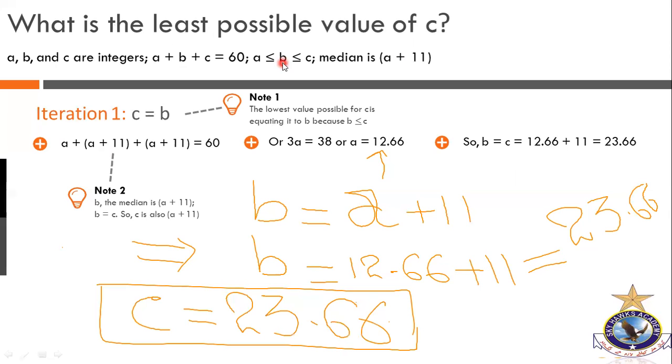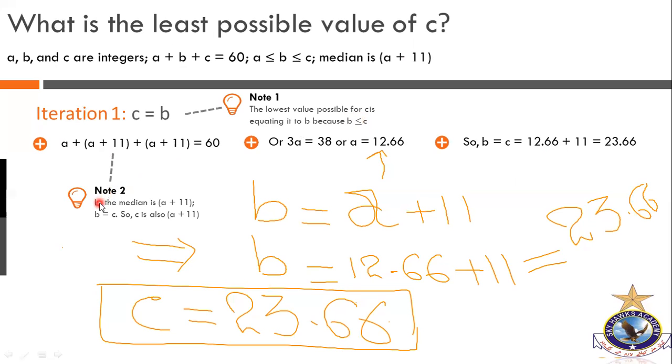So note one is very important. Once again, the lowest value possible for C is equating it to B because C is greater than or equal to B. So in this way, C can be the least value.